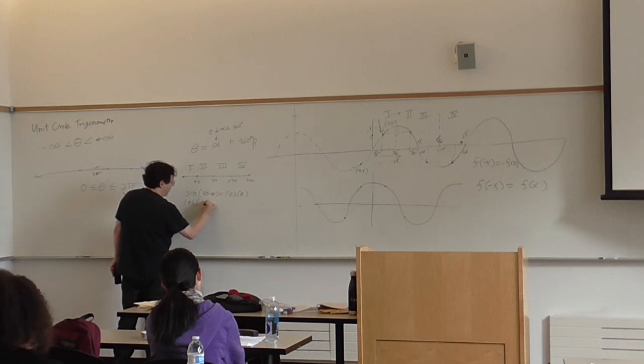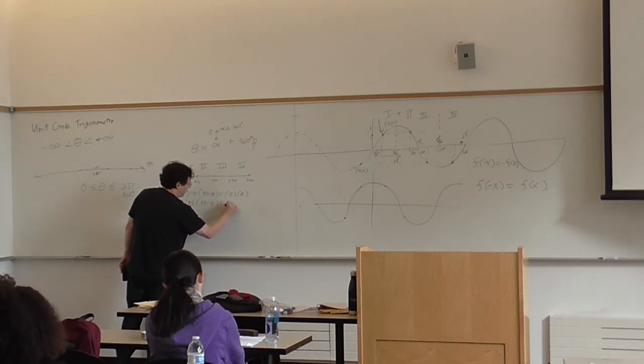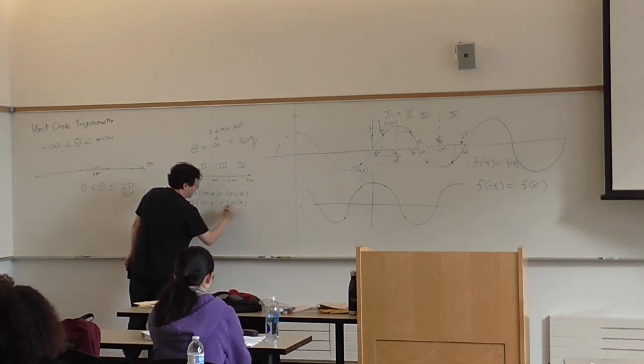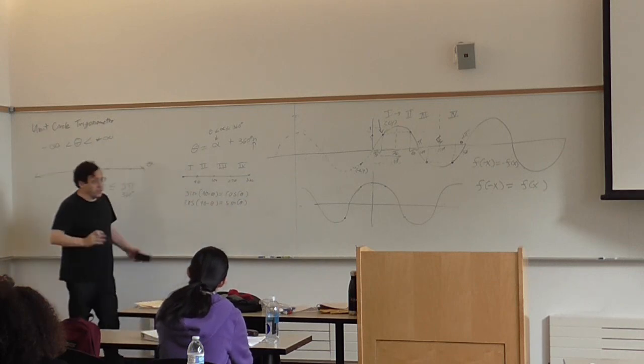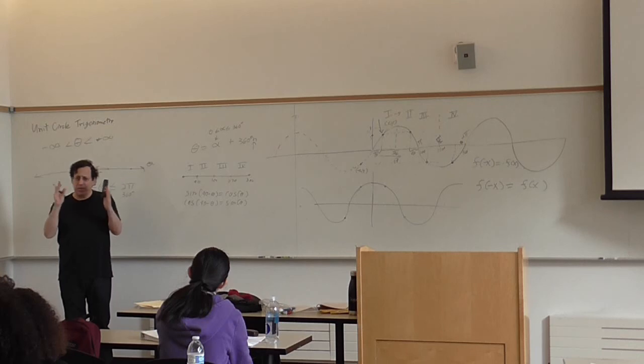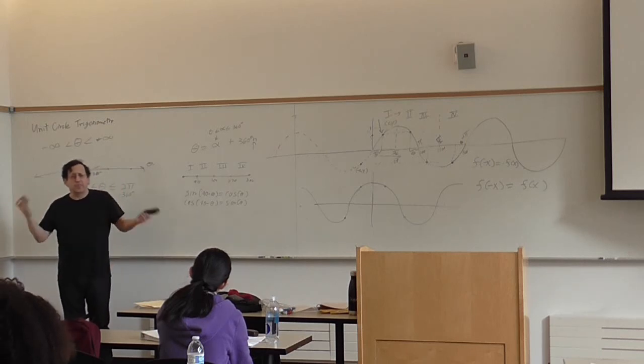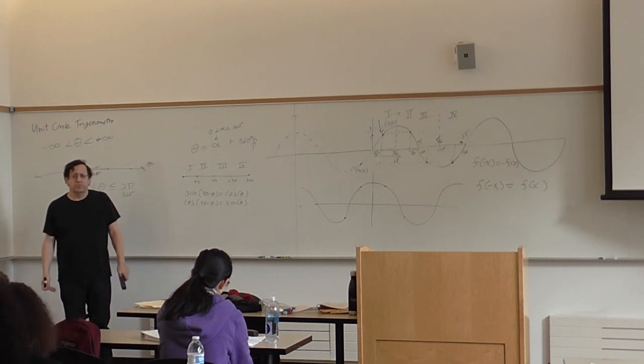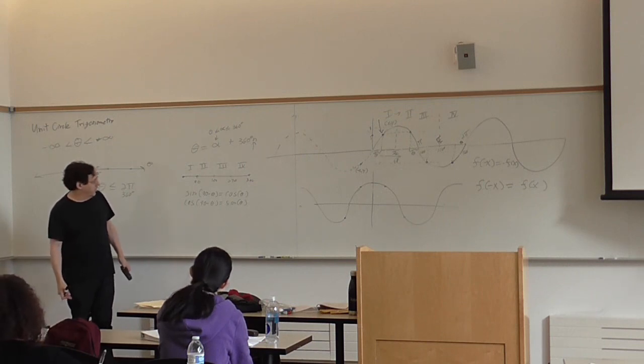And likewise, the cosine of 90 degrees minus theta is the sine of theta. So really, if I want to know sines and cosines, I really only need the values between 0 and 45 degrees. I can find the value of sine and cosine for every other value of theta.